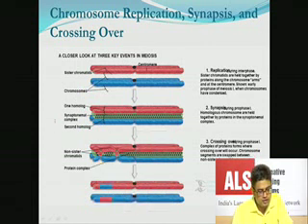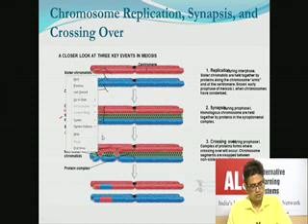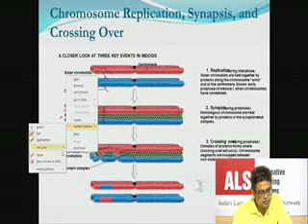So this is the synaptonemal complex, right? This is the first homologous chromosome. This is the second homologous chromosome. They both belong to the same pair, of course.